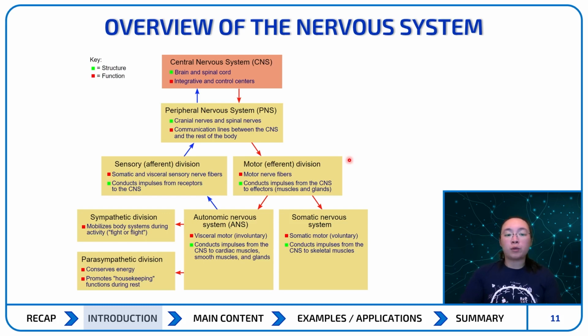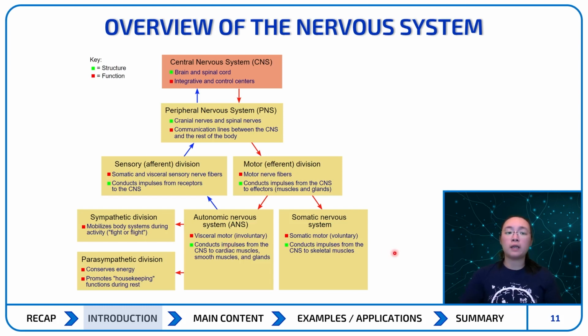Now, for the purposes of this lecture, we're just going to focus on the motor or efferent division of the PNS because it has to do with what we can control and what we can't control. So let's now focus on the motor division, and we can further divide that into 2 parts, the autonomic and somatic nervous systems.